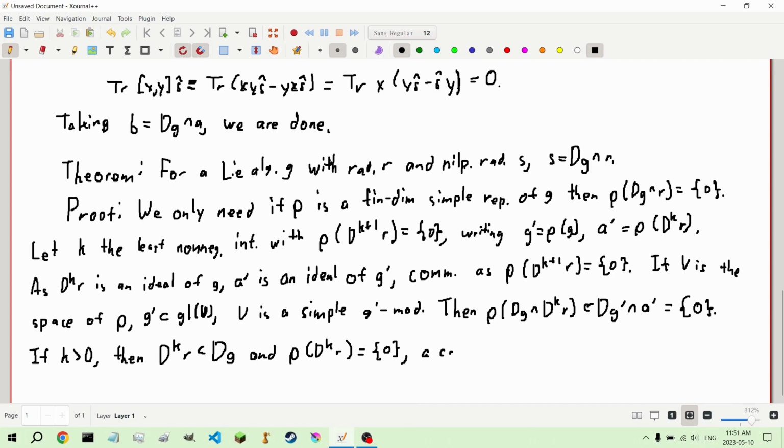So this is a contradiction. This k is 0, and rho of dG intersection R is equal to 0. And we're done.